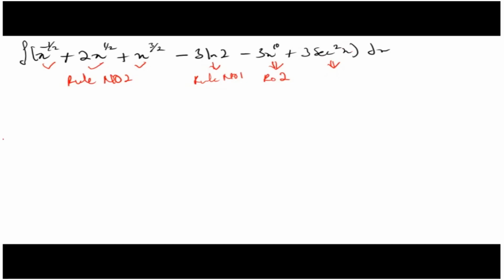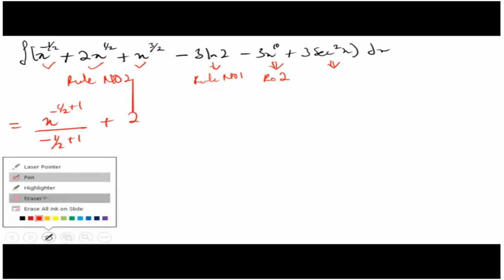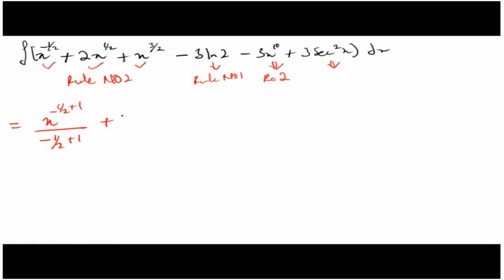So let's integrate everything now. What do we have here? This is the same thing as x raised to negative half plus 1 over negative half plus 1. That is the integral of this one. Then the integral of this one is 2x raised to half plus 1 over half plus 1.